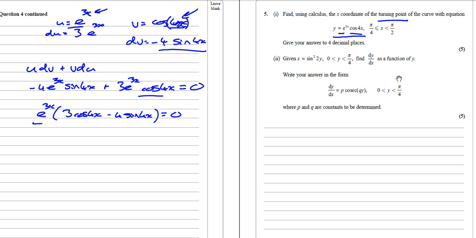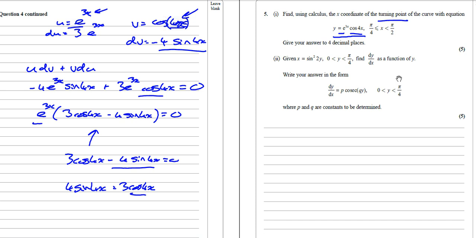So that means we've got to make this thing here equal 0. So we're going to have 3 cos 4x minus 4 sine 4x equals 0. So if we bring this to the other side, we're going to have 4 sine 4x equals 3 cos 4x.